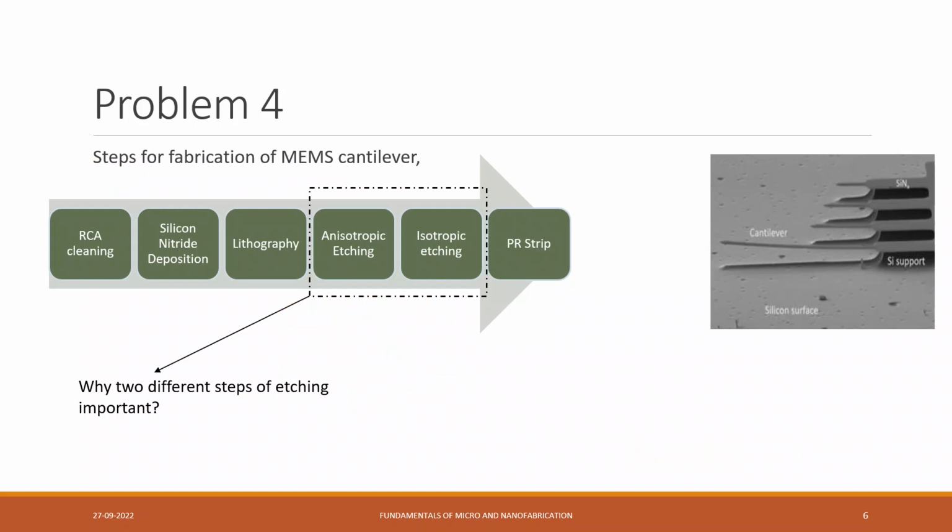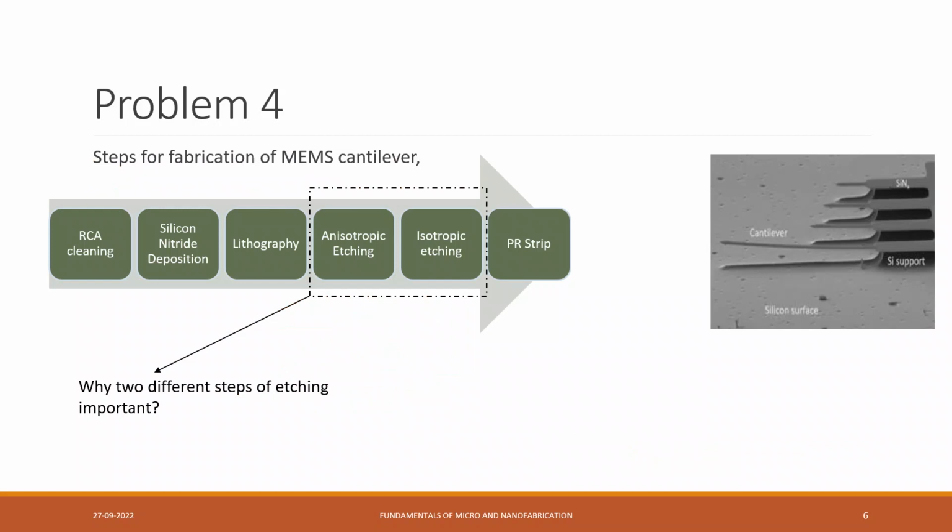So we'll go to the next one. We saw that there were various steps for fabrication of a MEMS cantilever that were mentioned in the lecture, and I have mentioned all the steps here. The first starts with wafer cleaning using RCA, then silicon nitride deposition using LPCVD or other CVD processes, then lithography, and then etching processes.